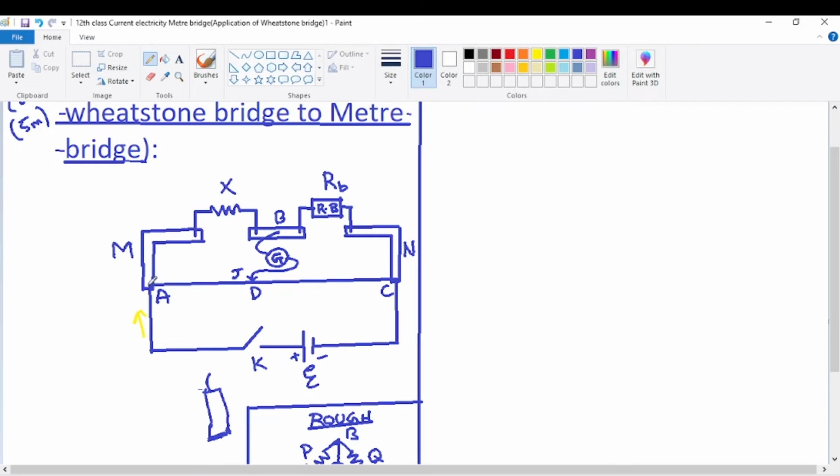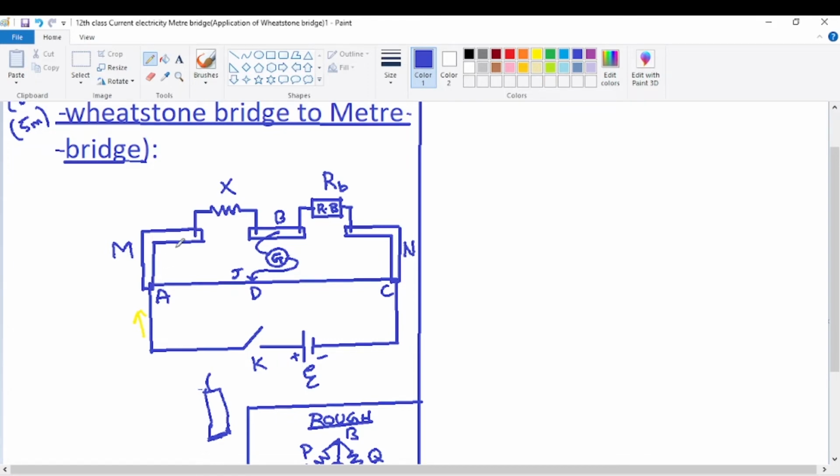At this end A, the potential is V1. The other end of the metal strip I'll call V2. So the potential difference is V1 minus V2, and that is coming as 0. That means V1 minus V2 is 0, so V1 is equal to V2.